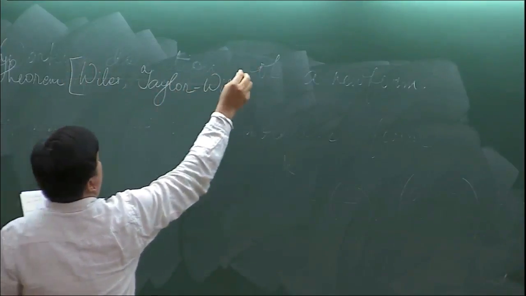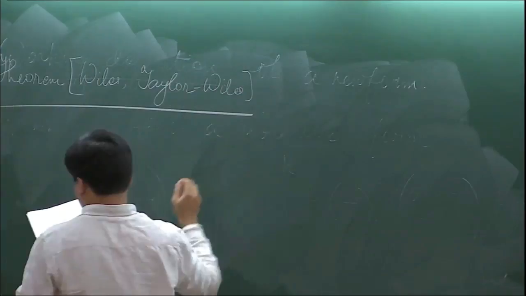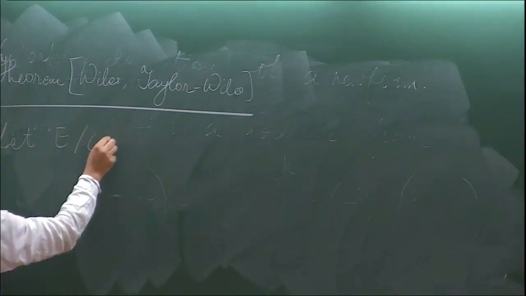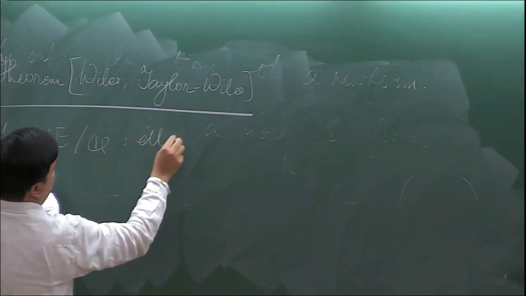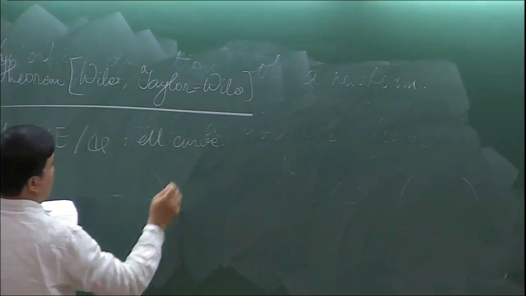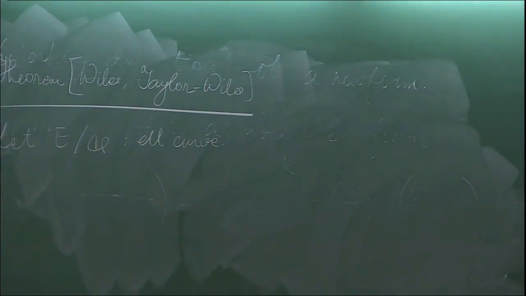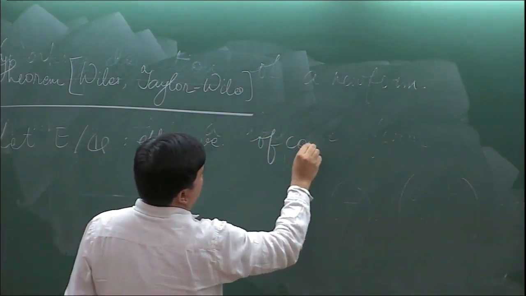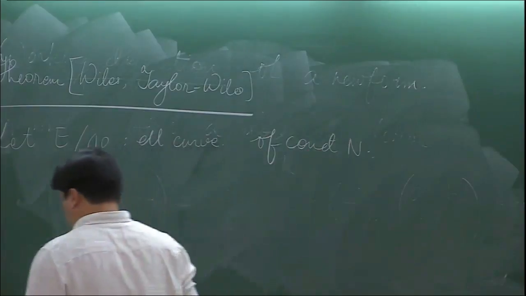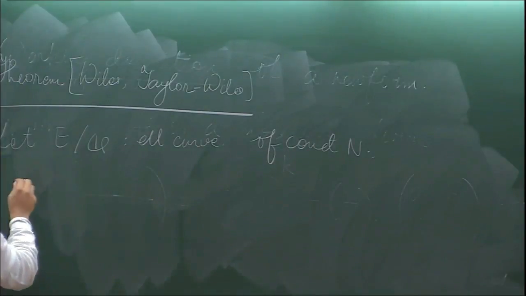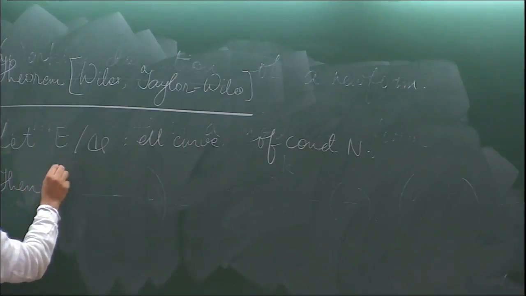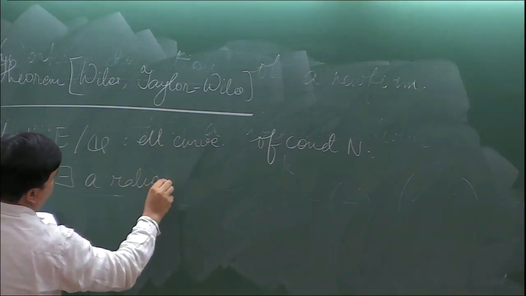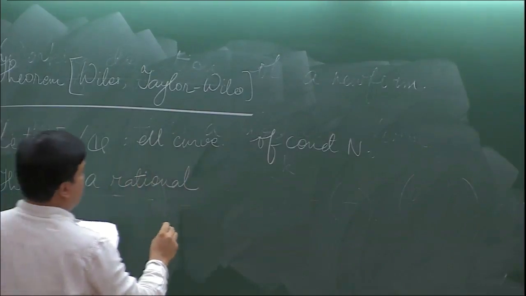It says that if I have an elliptic curve E over Q, and the elliptic curve has something called the conductor, so say it is of conductor N, then there exists a rational form, where all its Fourier coefficients are rational numbers.